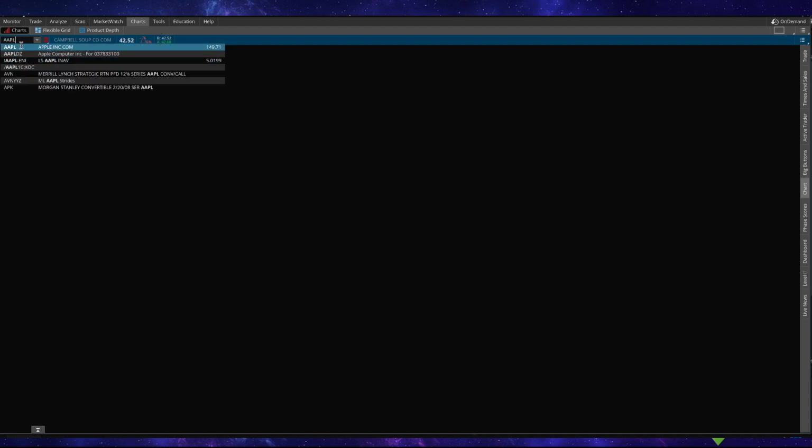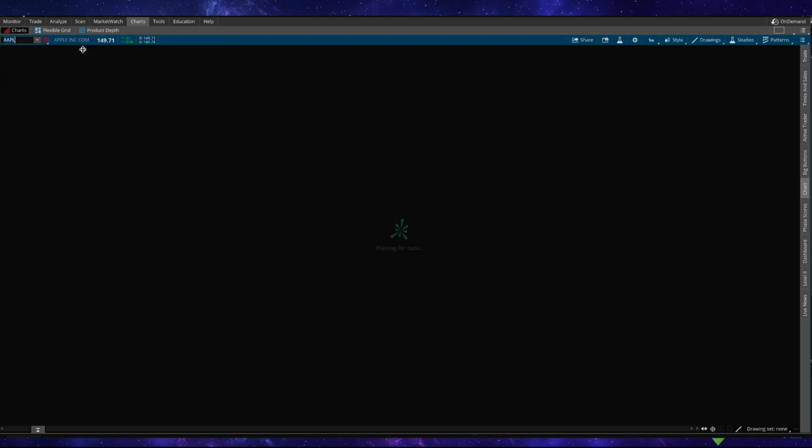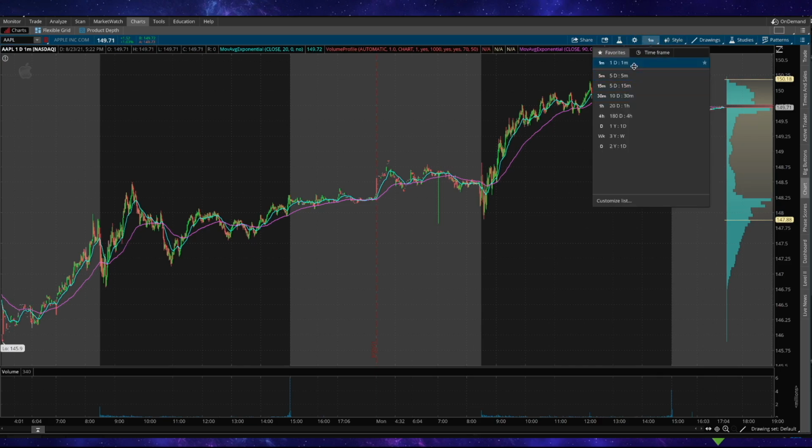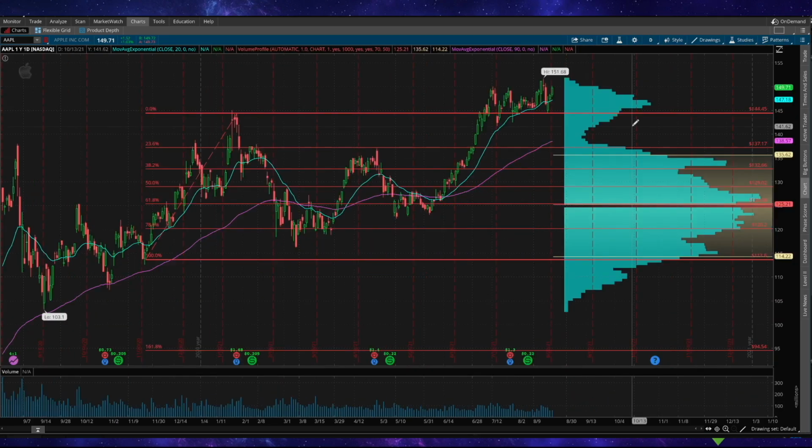And I use Thinkorswim to do all my research just because I'm more familiar with that system. Go ahead and look at the 1 year over here. I'm looking at Apple. I might be interested in something below this. That's pretty low, 123.